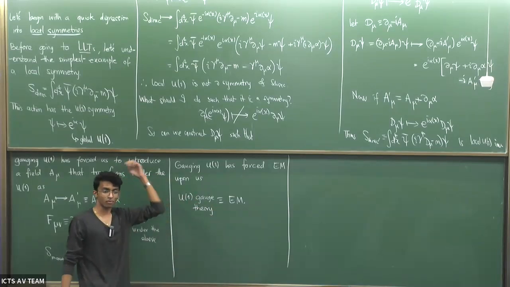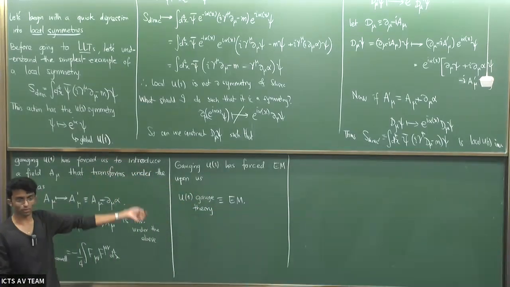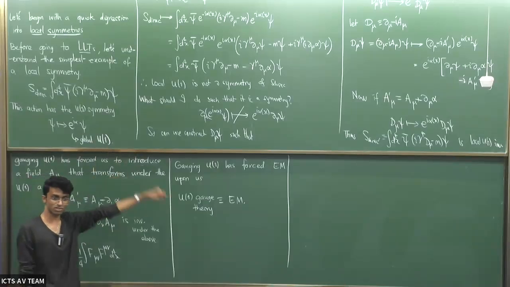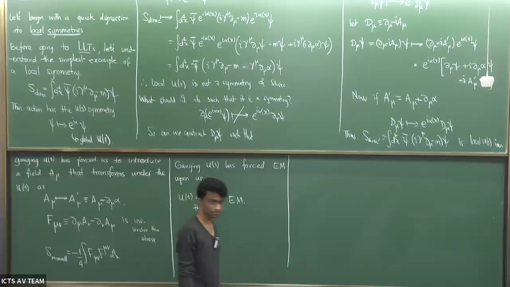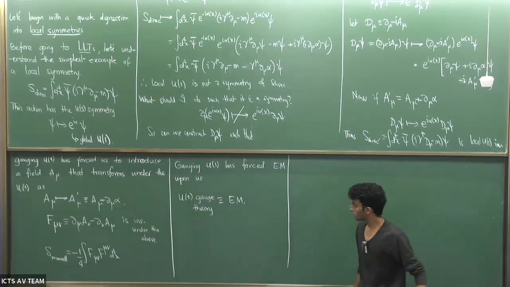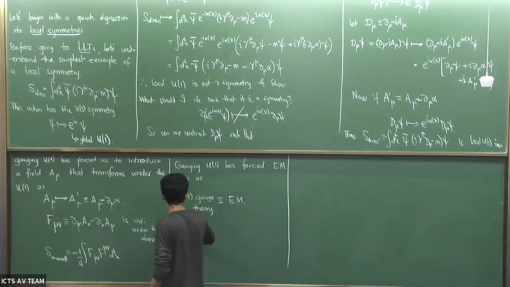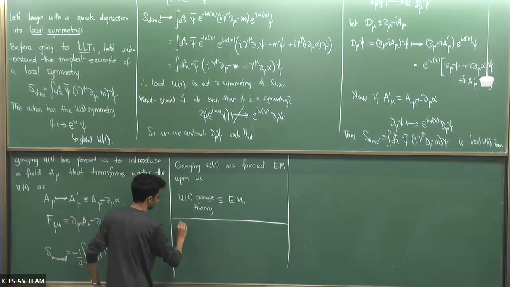Just like electromagnetism was forced upon you by U1 gauge theory, gravity will be forced upon you by LLT GCT gauge theory. Okay. So that's the end of this digression.